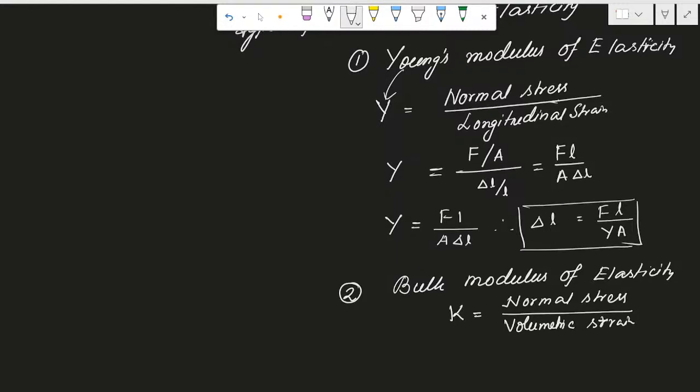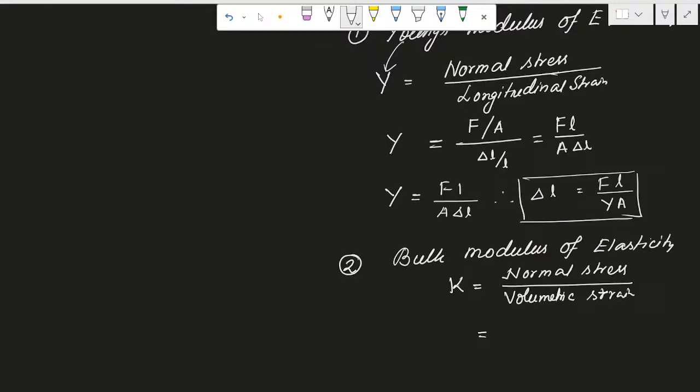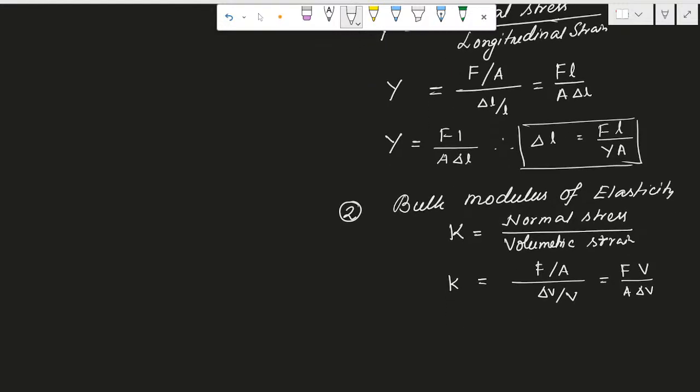So normal stress, you know, is F by A, and volumetric strain is delta V by V. So it will be K equals F into V by A into delta V. Okay.